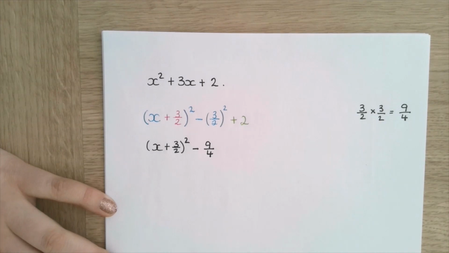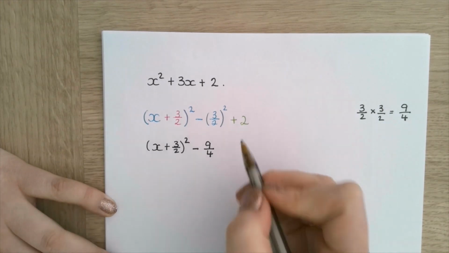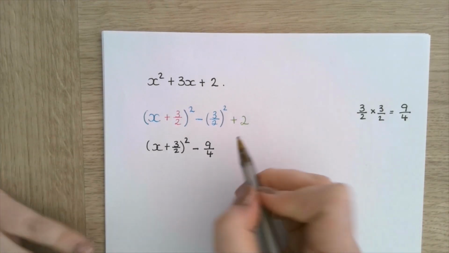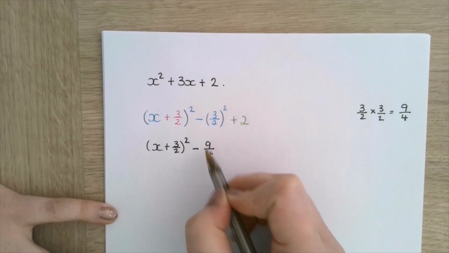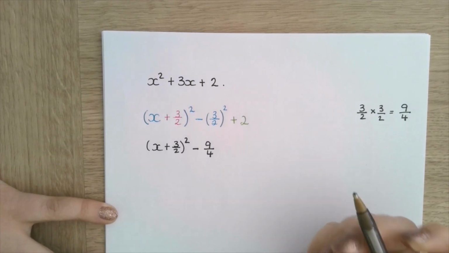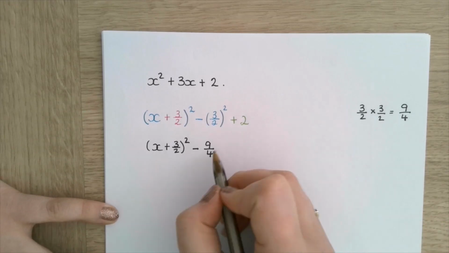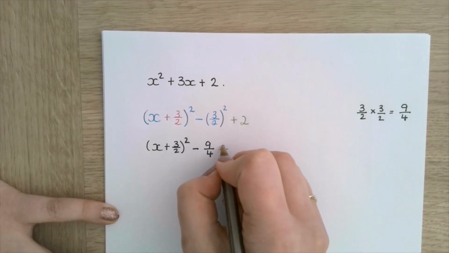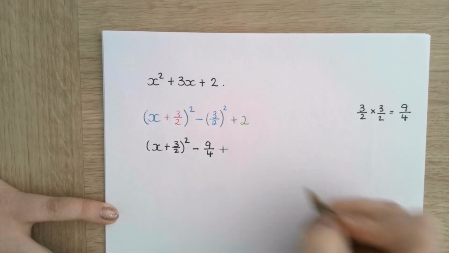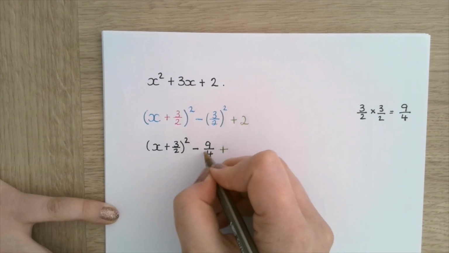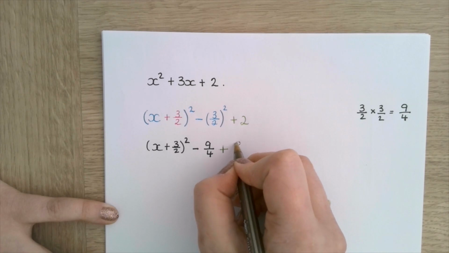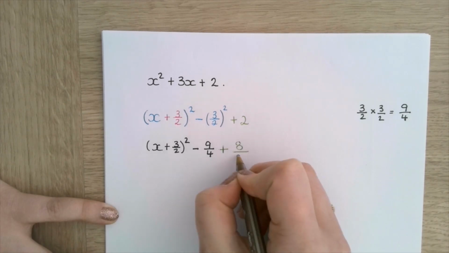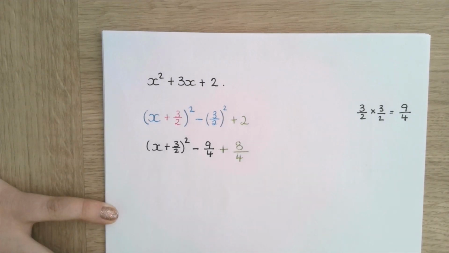Now, if this was on a non-calculator paper, which it could very well be on, I need to know how to do 9 over 4 plus 2 nice and easily. What I would do is I would convert 2 into a fraction over the denominator of 4. So to do that easily, I'm going to do 4 multiplied by 2, which gets me 8, and put that over my denominator.